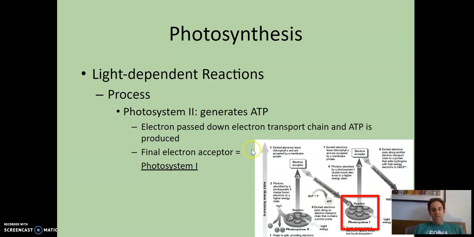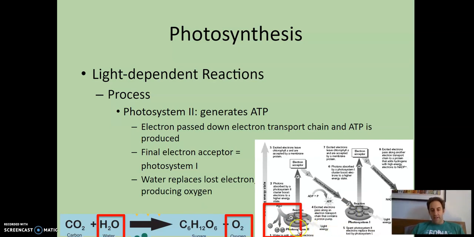Now, the final electron acceptor for this electron transport chain, woohoo, is actually photosystem 1. And that is because photosystem 1 also has electrons getting excited and leaving. So this electron from photosystem 2 replaces the electron lost from photosystem 1. And then we have to replace the electron in photosystem 2, and that's where water comes in.